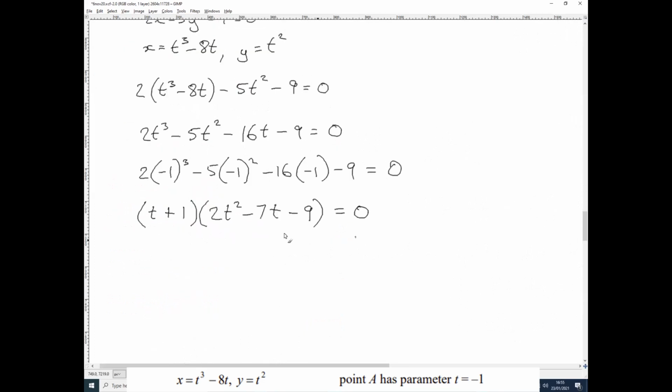Let's check that, though. Let's try factorizing. Does it factorize? Could we say it's 2t times what times t times what?